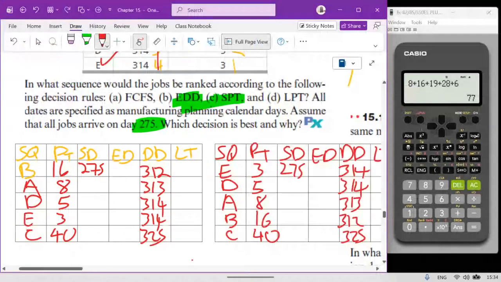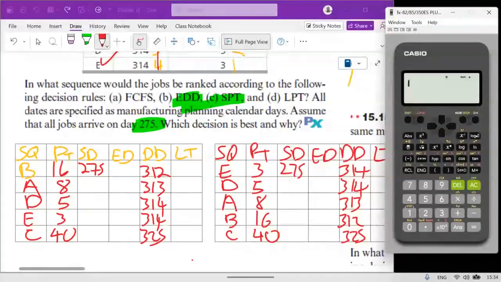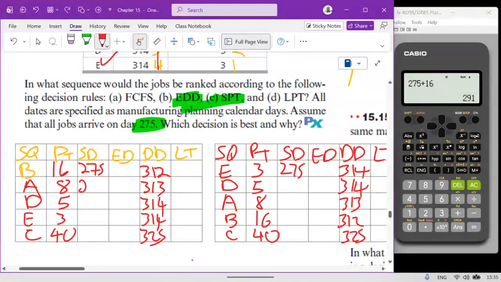The answer is 291. You write it here, 291. So at day 291 the other one must start, but the previous one must finish a day before, which is 290.